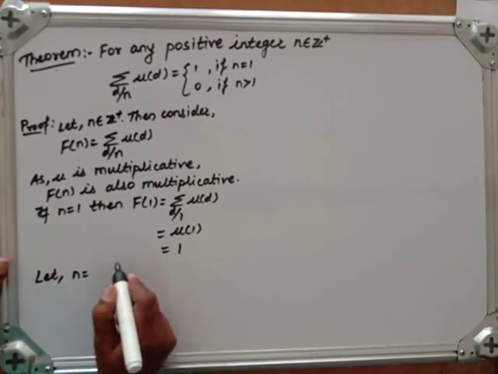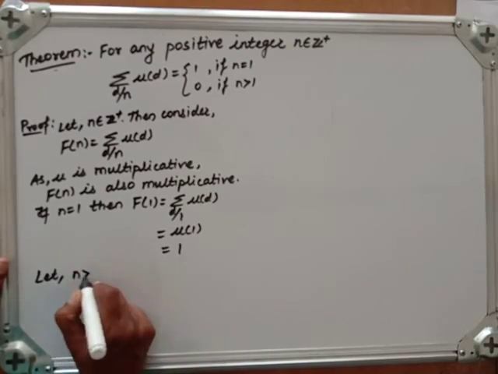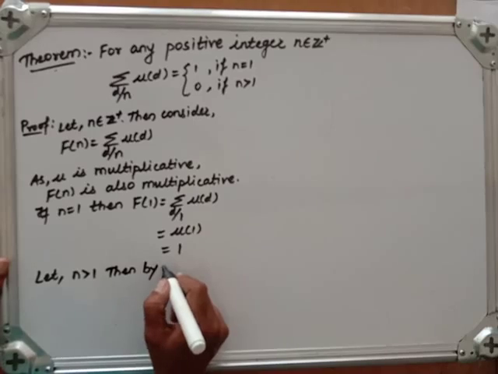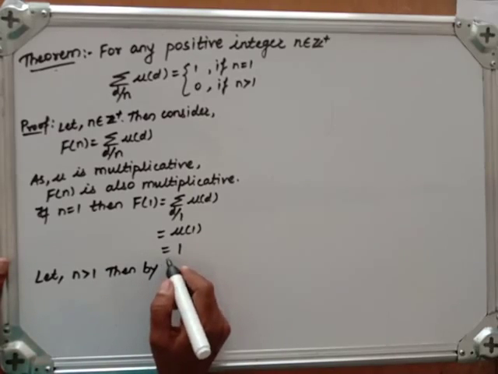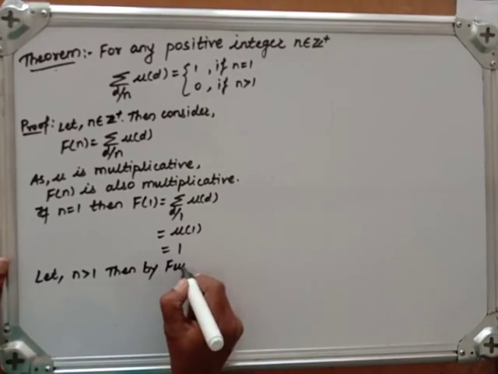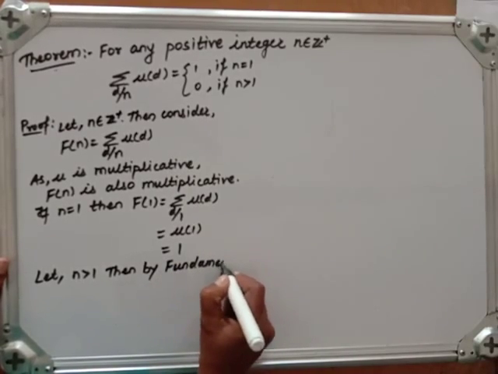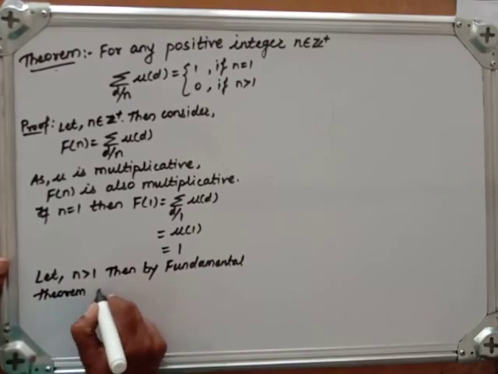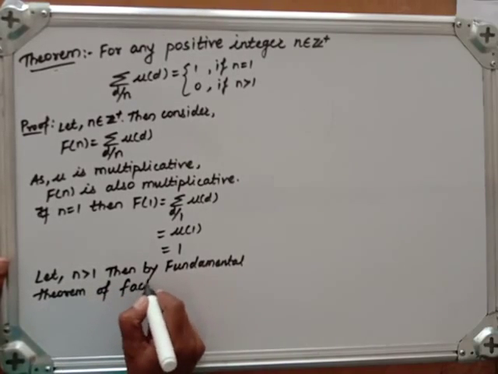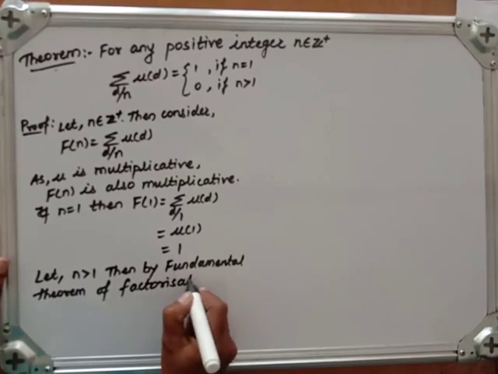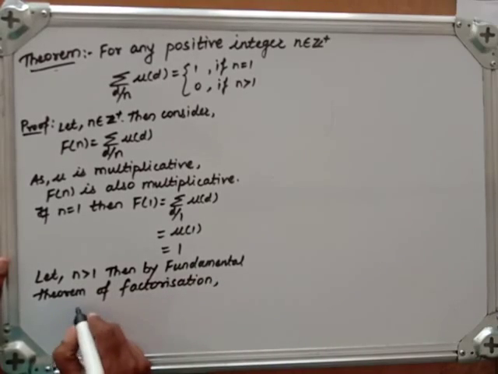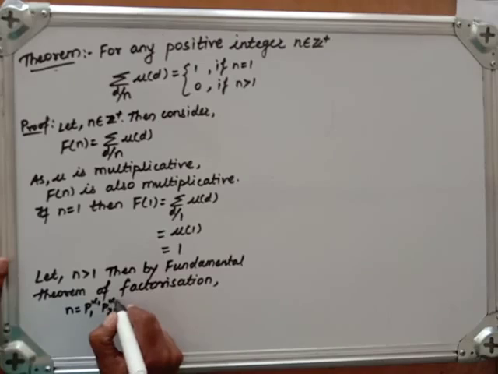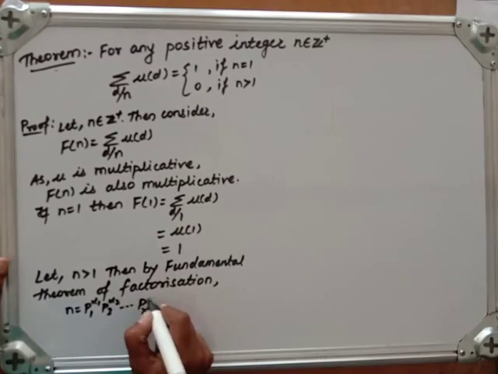Now let n be greater than 1. Then by the fundamental theorem of factorization, n is equal to p1 raised to alpha 1, p2 raised to alpha 2, and so on up to pr raised to alpha r.